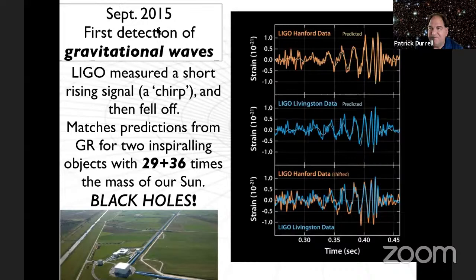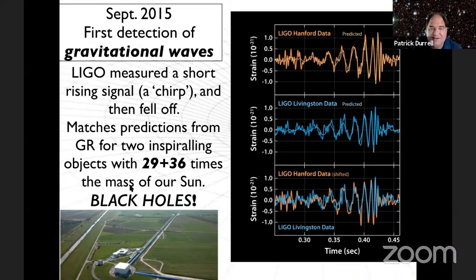Just 5.5 years ago, this new era of looking for black holes opened up with the first detection of a black hole merger. As they merge, these gravitational waves go out through the universe and get picked up by detectors on the Earth. And the very first one, you could model this: how fast does it happen?